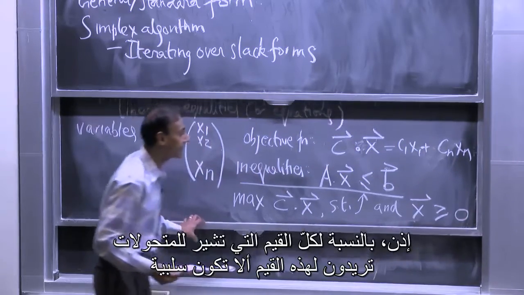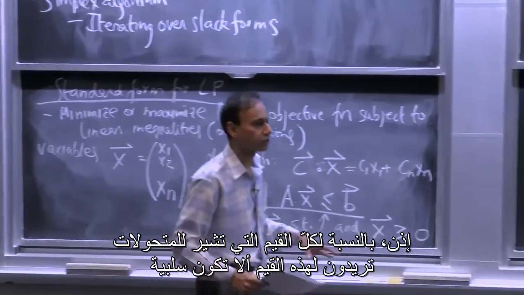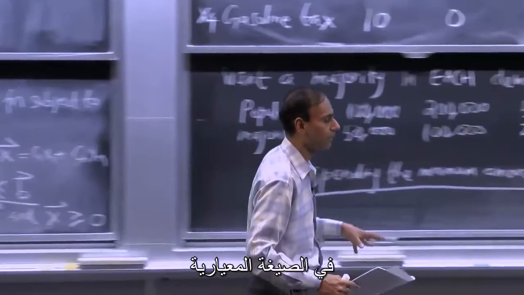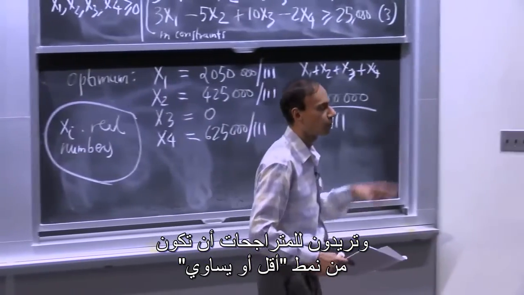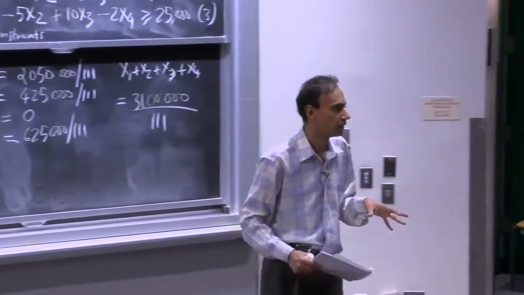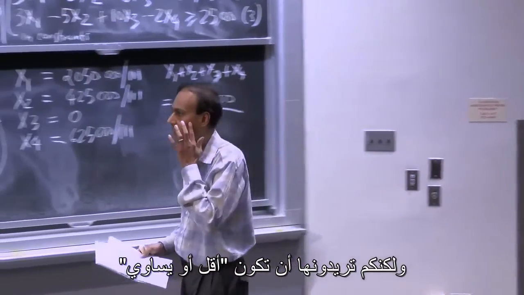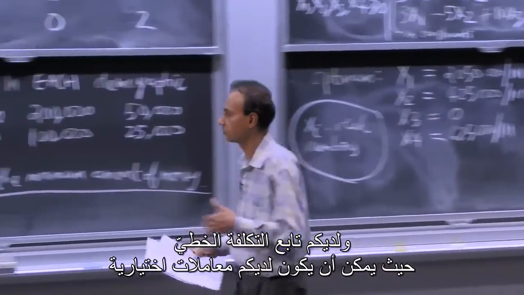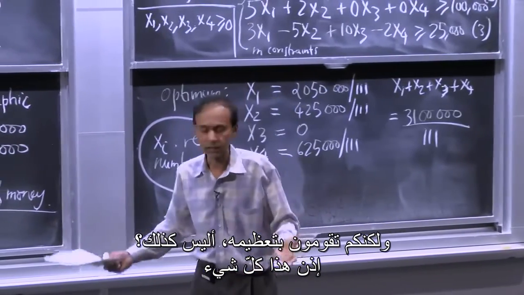For each of the variables, you want them to be non-negative in the standard form. And you want less than or equal to corresponding to each of the inequalities, not equal to, not greater than or equal to, but less than or equal to. And you have this linear cost function with arbitrary coefficients, but you're maximizing it.